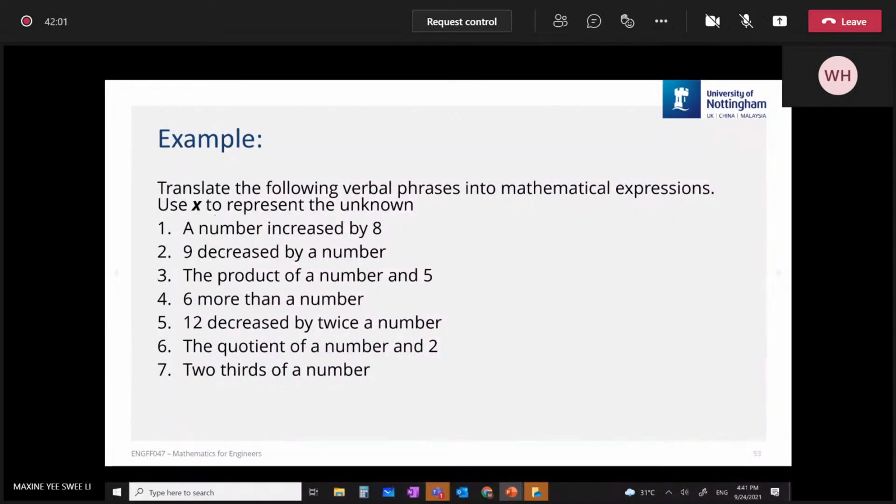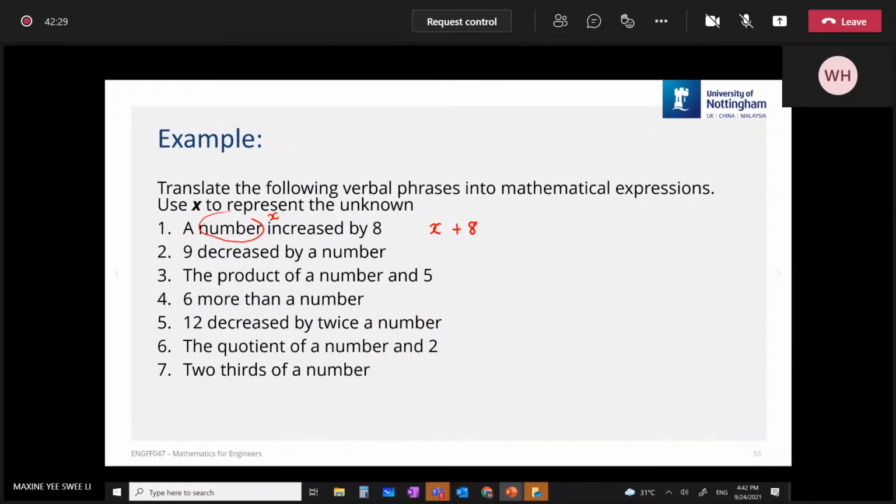The number here is the unknown, so we'll just call it x. How do you transform this into an algebraic expression? You just say x plus 8. The number x increased by 8, so x plus 8.